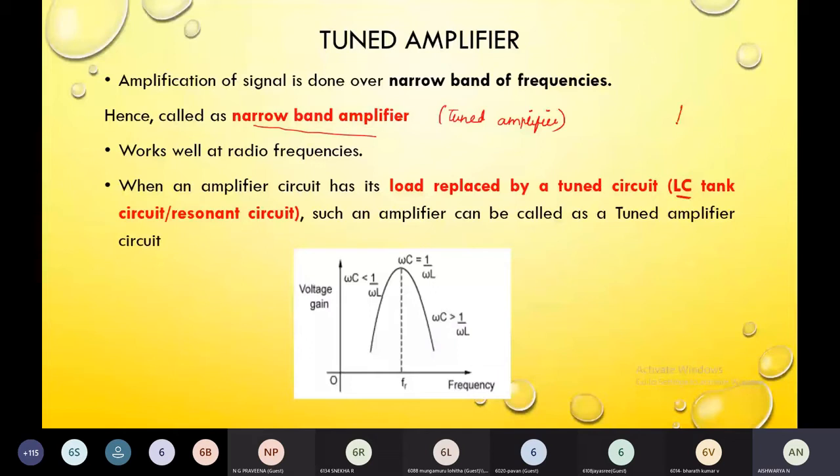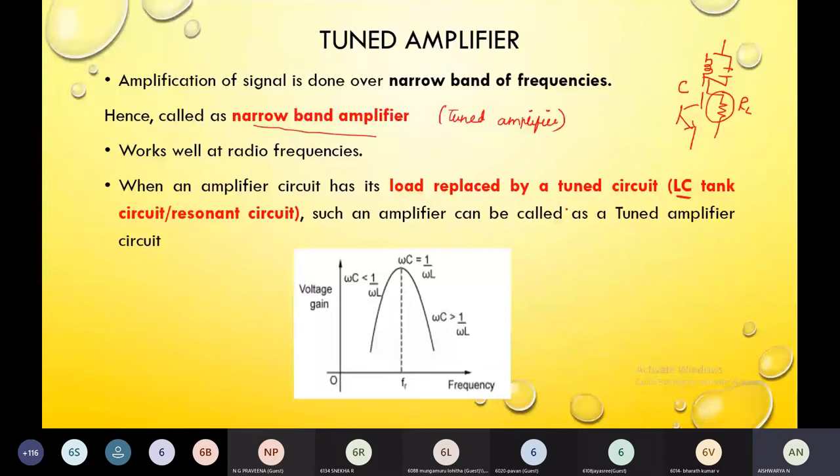And instead of your load RL, we are going to replace it with the combination of L and C at your collector part. So this is called a tuned amplifier. If in your collector you place an LC tank circuit, then it is called a tuned amplifier. Then you can ask me, how can a load be replaced by a tuned circuit?